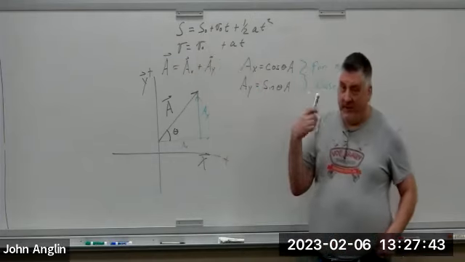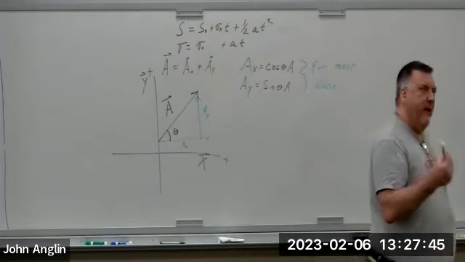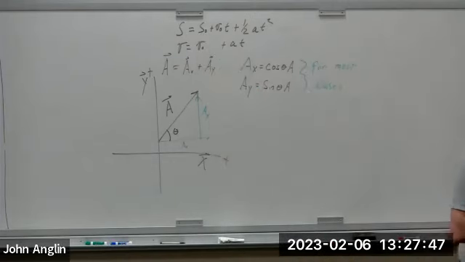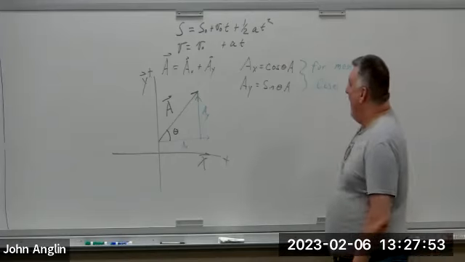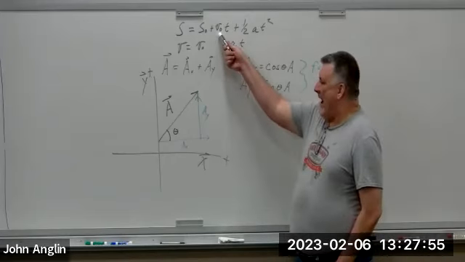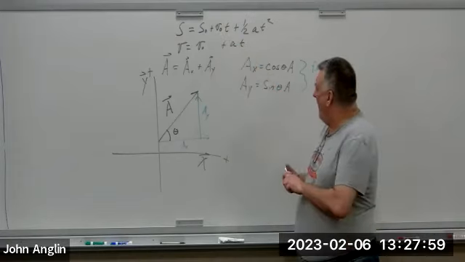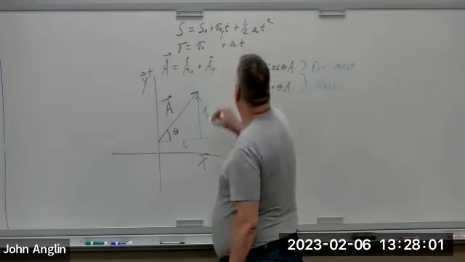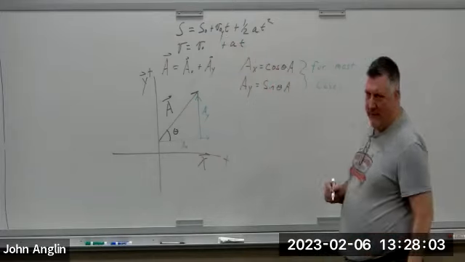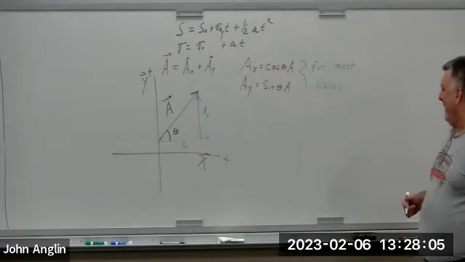S naught would be S naught sub Y, right? That would be our initial position in the Y. Conveniently, we chose it to be 0, so that goes away. Our V naught now is generic, right? Now this gets a V naught sub Y, for example, or X, if you're looking at X direction.